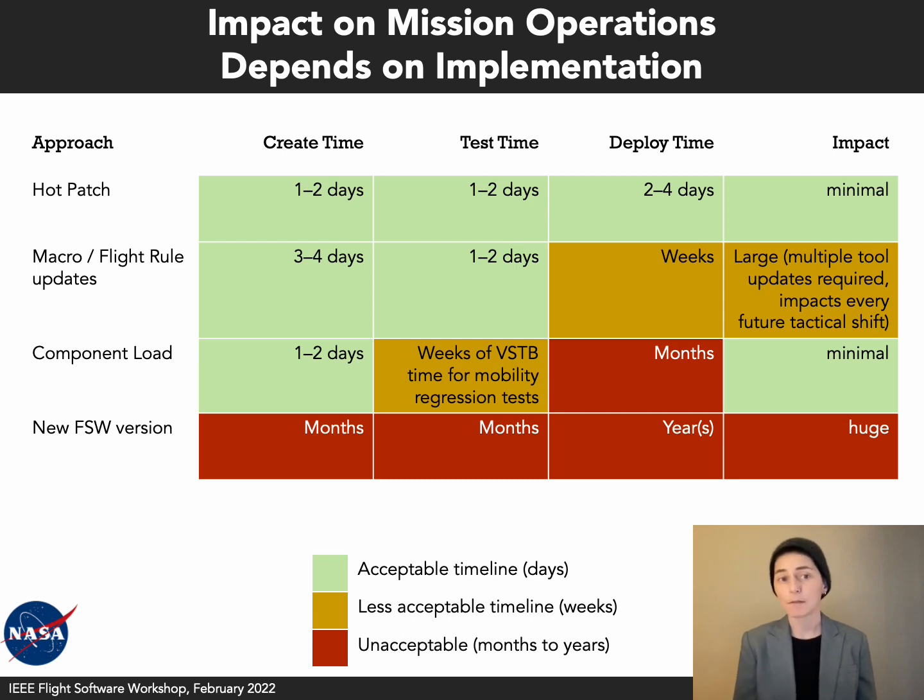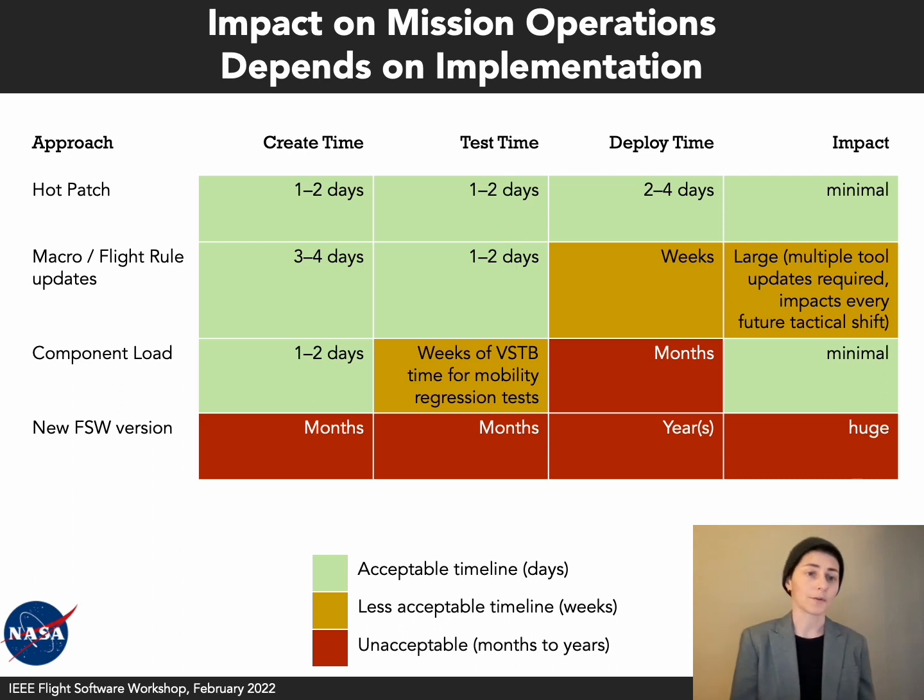A hot patch is acceptable time to create the patch, acceptable time to test the patch, acceptable time to deploy the patch, and minimal impact. A macro or flight rule update takes about 3 to 4 days, just also acceptable, to create it, 1 to 2 to test it. But deployment takes weeks, and the impact is large because it affects multiple tools and impacts every future tactical shift.